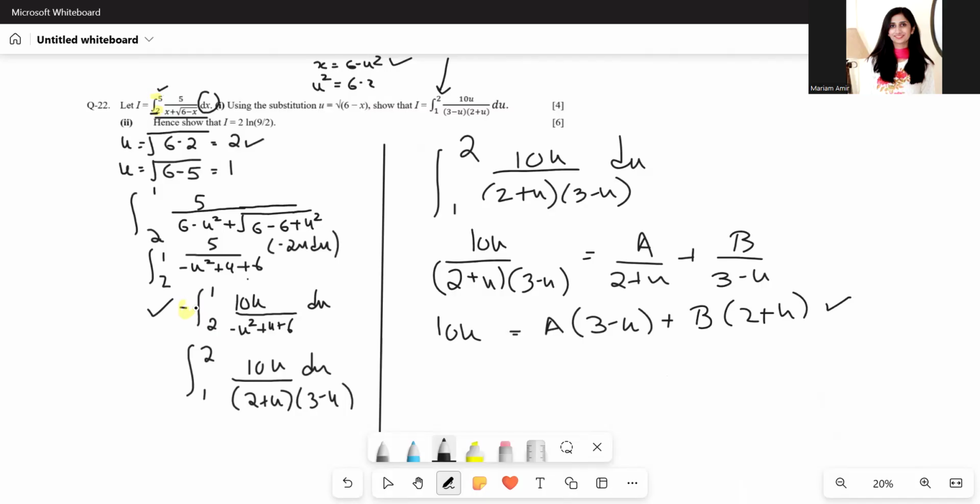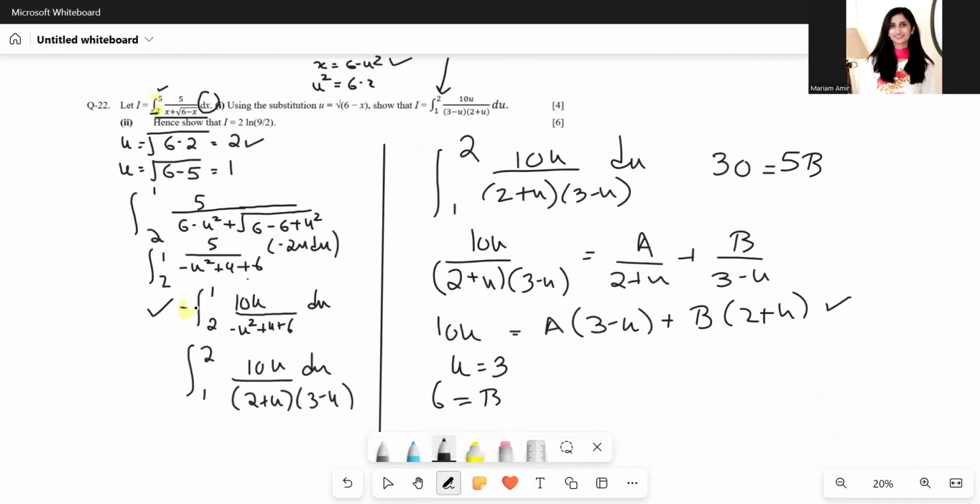So I've skipped a step. Now we can substitute u equals 3 and get the value of b. We'll get 30 on one side and 5b on the other side, which gives us b equals 7. I'm sorry, it becomes 6, not 7.